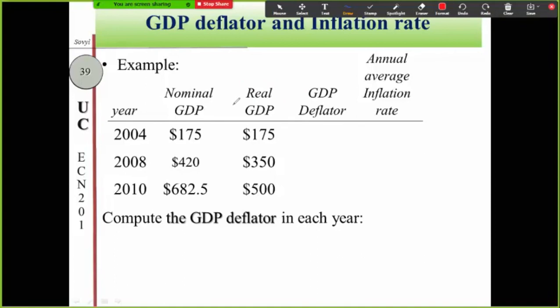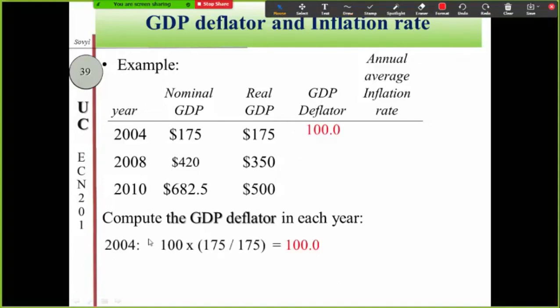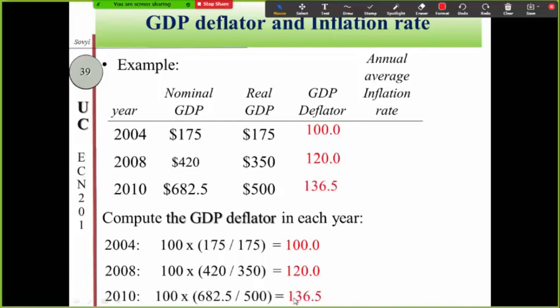This is GDP deflator. Based on this we can see the 2004 GDP deflator is 100, the 2008 GDP deflator is 120, and the 2010 GDP deflator is 136.5. So how to find the average annual growth rate of GDP deflator?